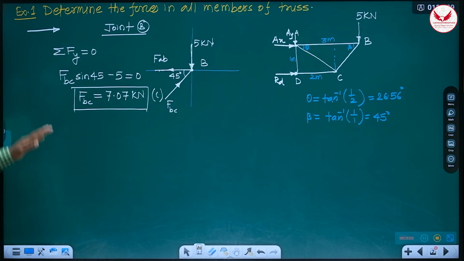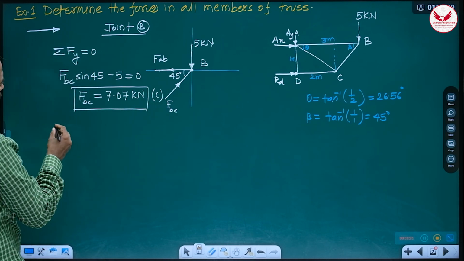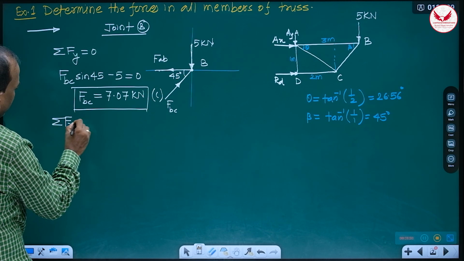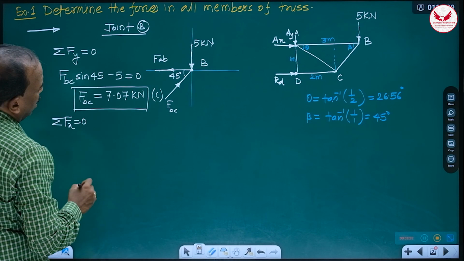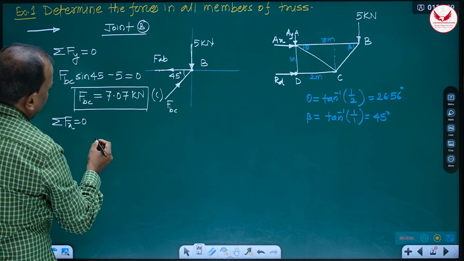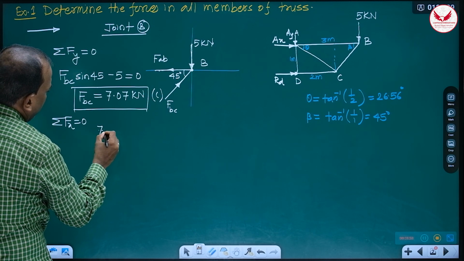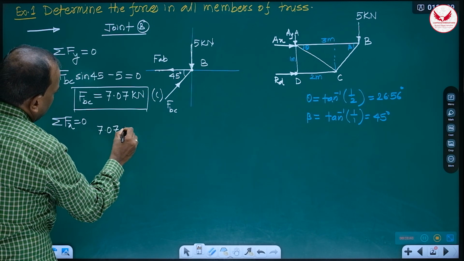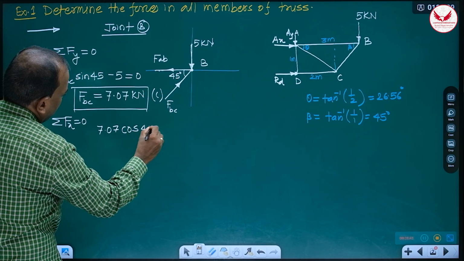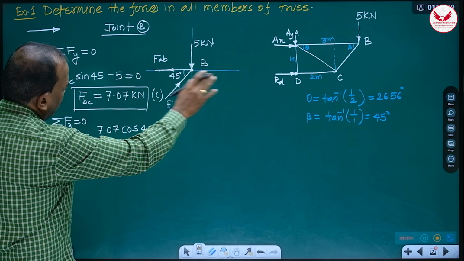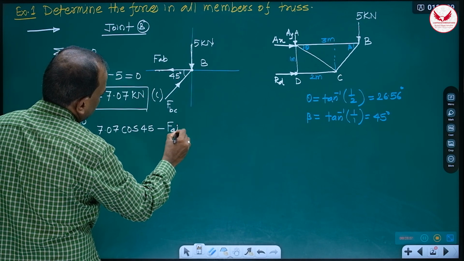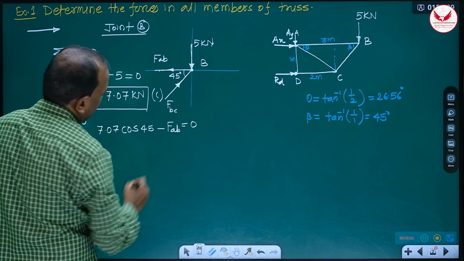It is compressive, so one answer we got. Then how can we get the second answer? Use another condition of equilibrium, summation Fx is equal to 0. We'll get FBC sine 45, means 7.07 cos 45, not sine, it is cos 45. The horizontal component of this is towards the right, positive, minus FAB, is equal to 0.